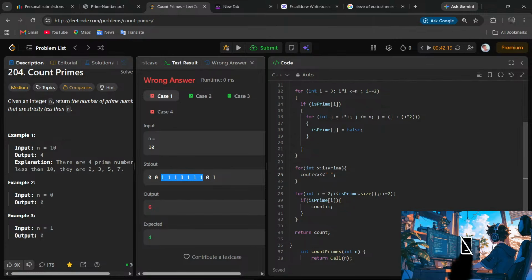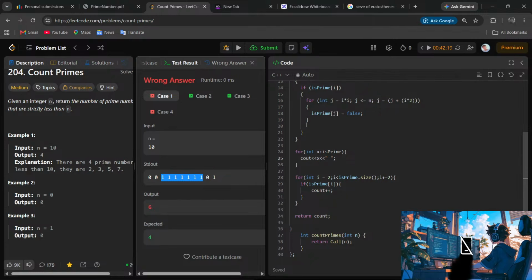So what I will know is that for 3, I will start from 9. After taking 9, I have to check what is the other number. The other number will be j plus i, which is 12. And I know that 12 is an even number, which is divisible by 2. So I don't have to check for 12. I have to check for 15 directly.